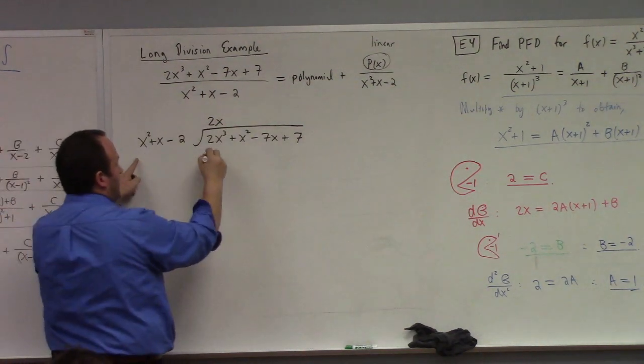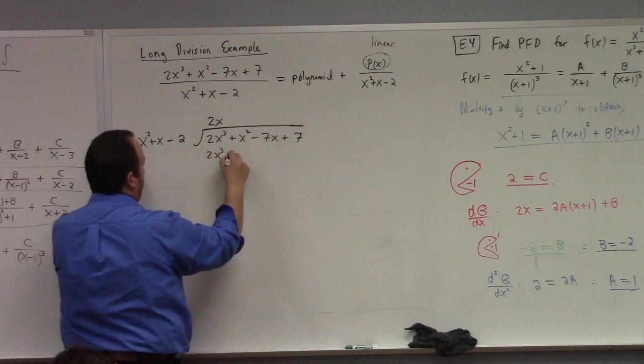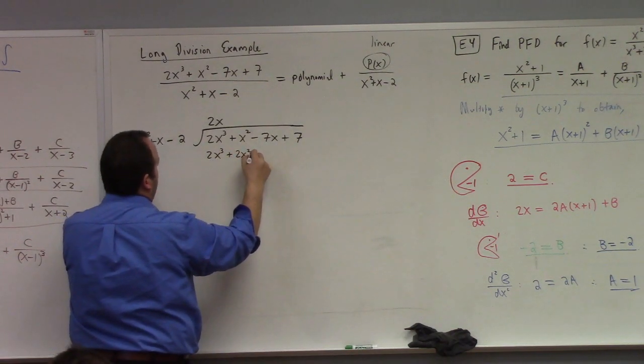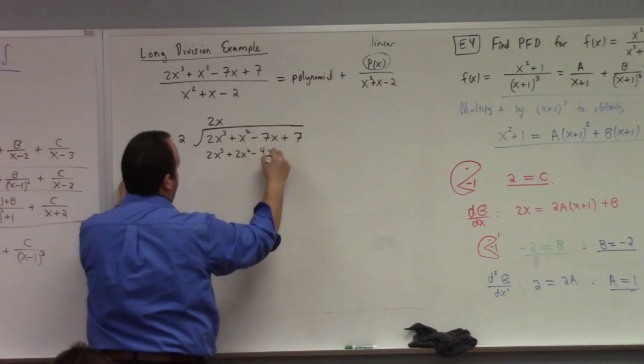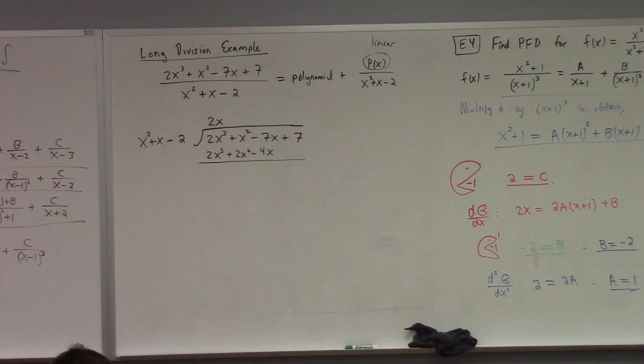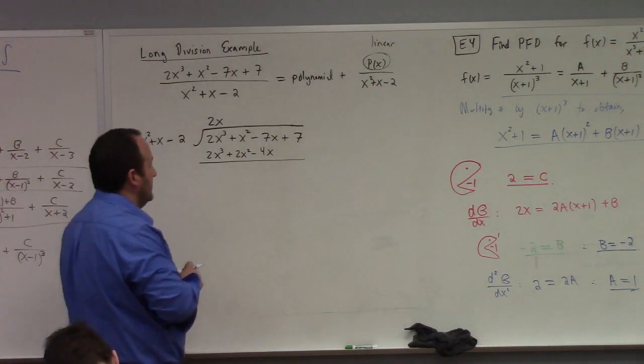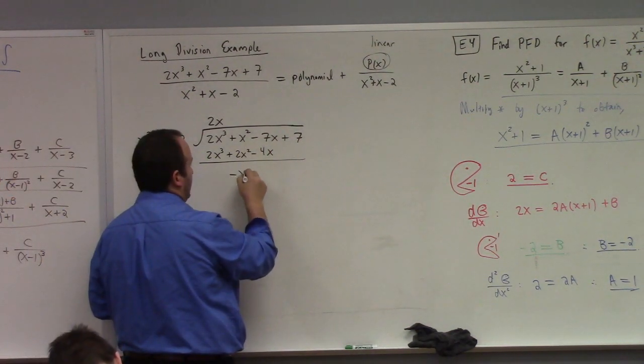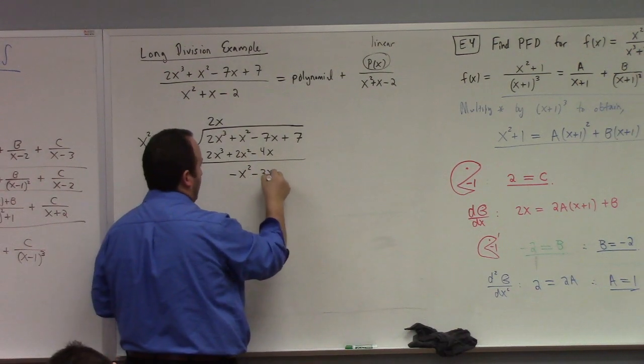I take the 2x and multiply it by the dividing polynomial, x squared plus x minus 2. That gave me 2x cubed plus 2x squared minus 4x. I then subtract that from the given numerator, and the 2x cubeds cancel, giving minus x squared minus 3x plus 7.